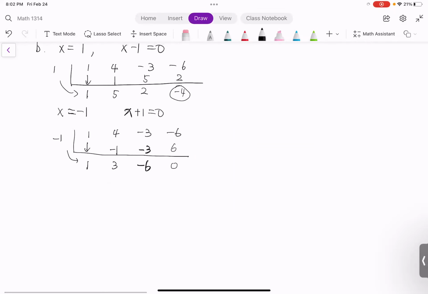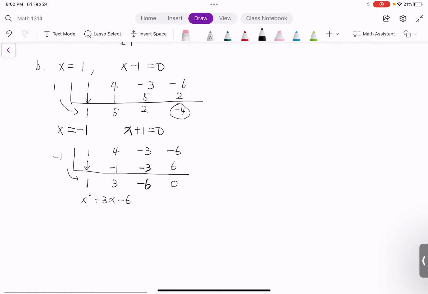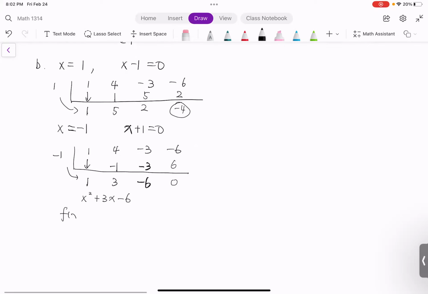That means the quotient is x squared plus 3x minus 6, because I know that the degree here is 3. Now we need to reduce 1 degree. So the f of x can be written like the quotient times divisor. X squared plus 3x minus 6 times divisor is x plus 1.